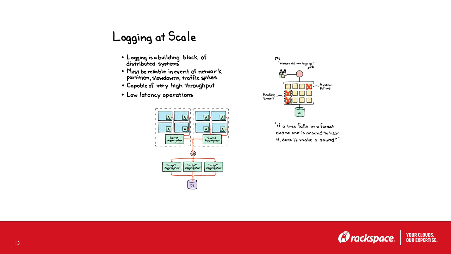And so we start looking at logging infrastructures. We want to make sure we have a logging infrastructure that is reliable, that can survive networking issues, network partitions, and slowdowns, that is capable of accommodating spikes in traffic, that is capable of very high throughput, and also capable of low latency operations.